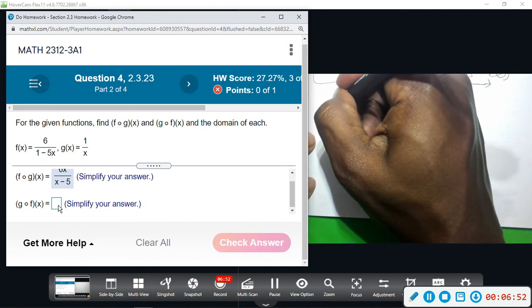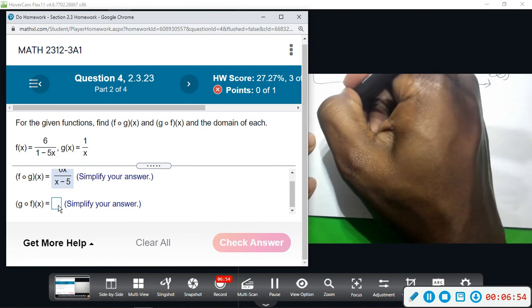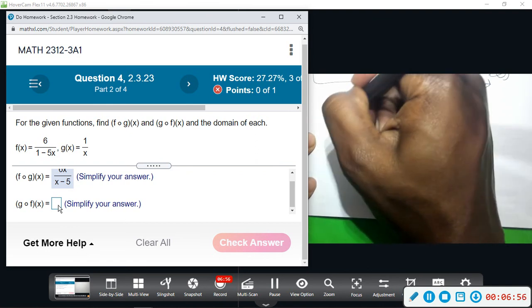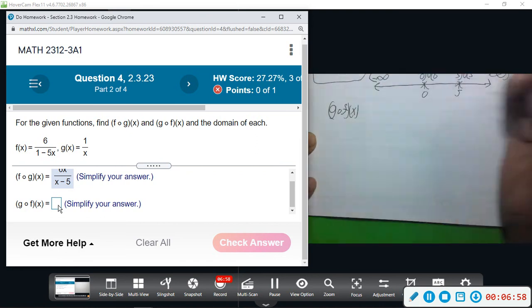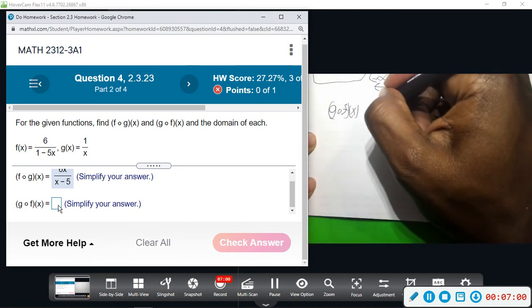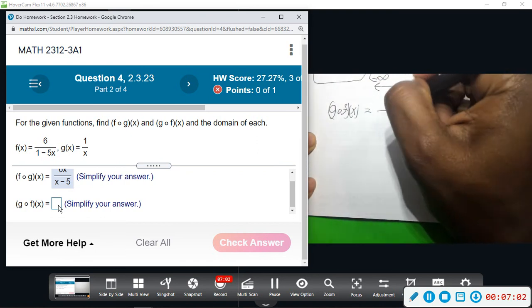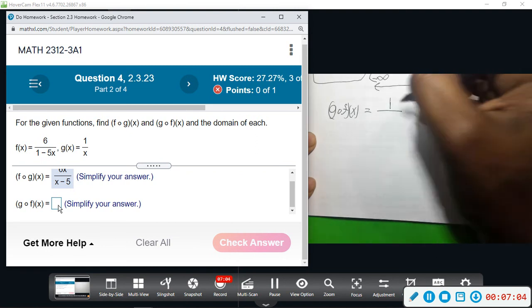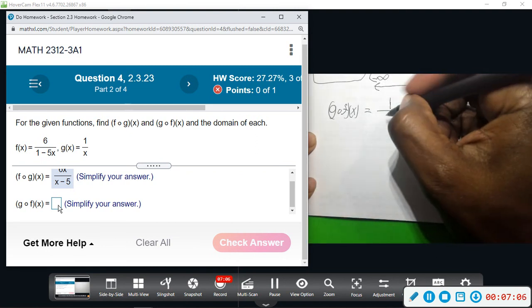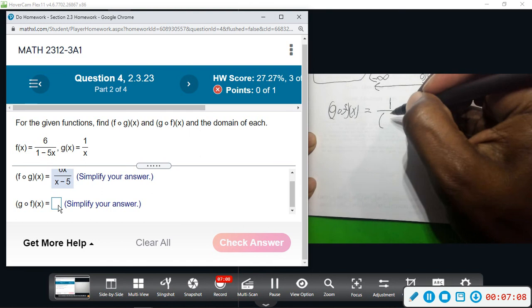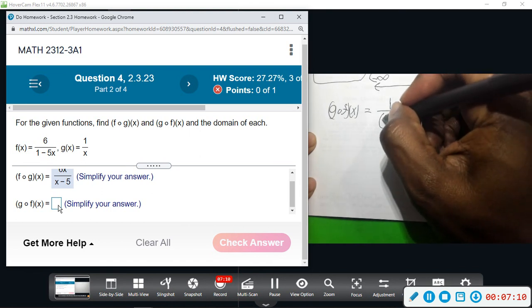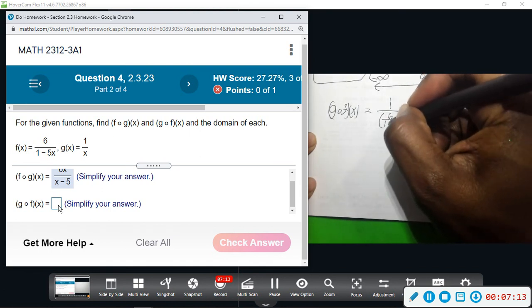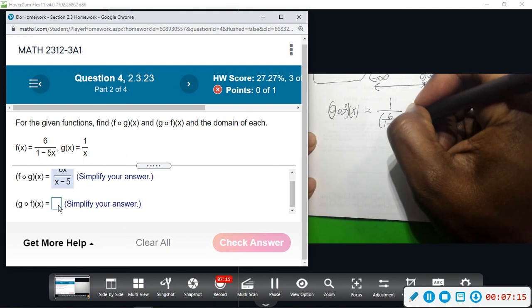So with the g of f of x, I will start with the g, and I'm going to plug in the f equation. So g is just 1 over x. Instead of x, we're going to replace the 1 over x with that whole equation, which is 6 over 1 minus 5x.